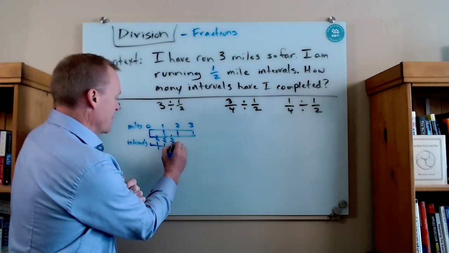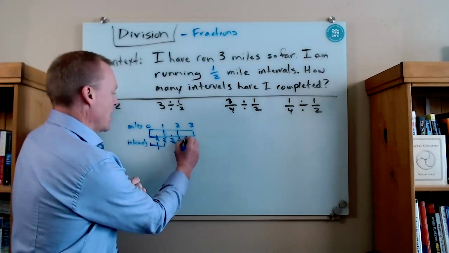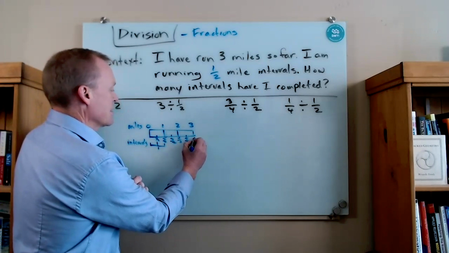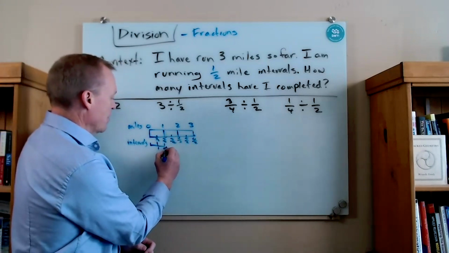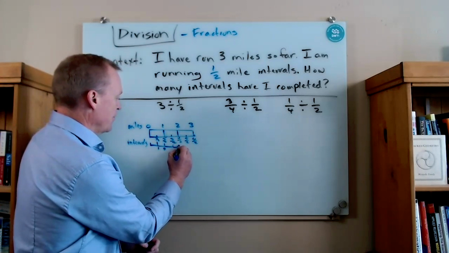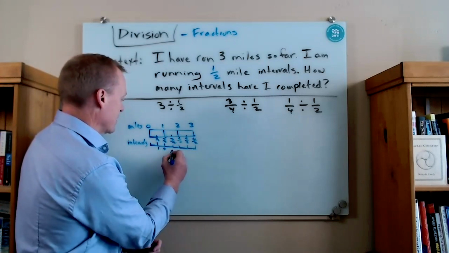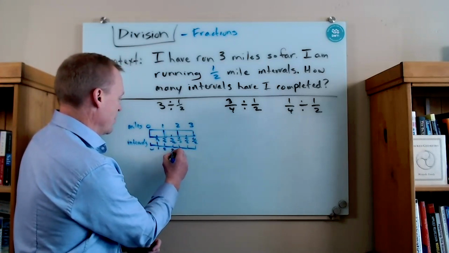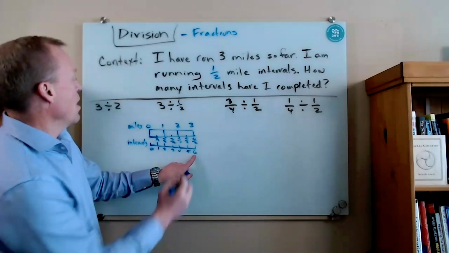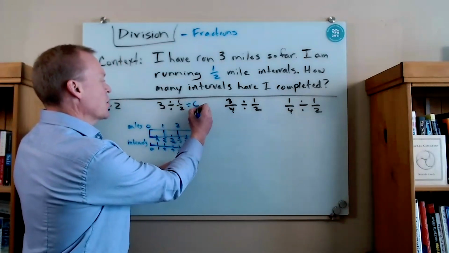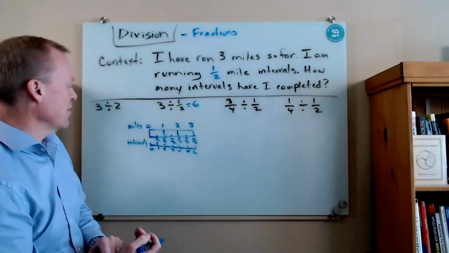Now I'm just going to build this out, 3 halves, 4 halves, 5 halves, 6 halves. So that's 2 intervals, 3 intervals, 4, 5, 6. 0, 1, 2, 3, 4, 5, 6. So 3 divided by 1/2 is going to be 6 intervals.